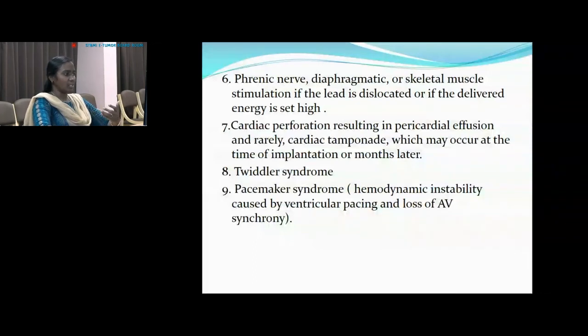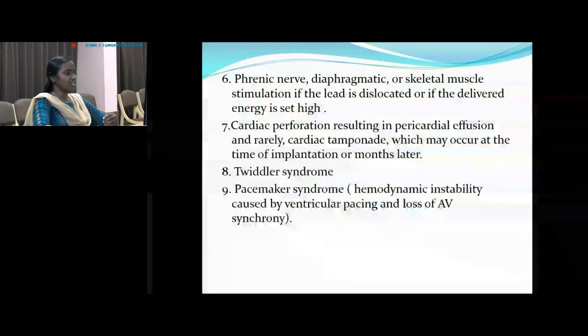Cardiac perforation. Twiddler syndrome, that is a manipulation by the patient, because of over exercise or over exertion of the hand, or the patient may intentionally or unintentionally do some vigorous activity, so the pacemaker may get manipulated, leading to Twiddler syndrome.